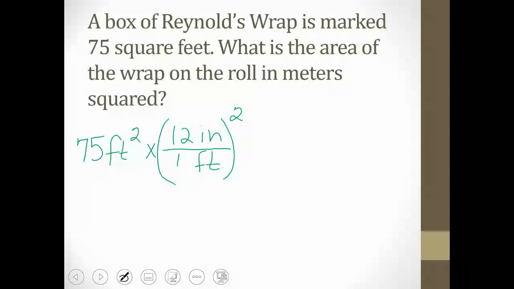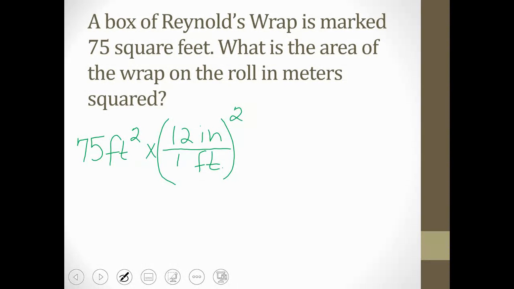So now that means not only are you squaring the unit, but you're also squaring the number. So if we convert 75 feet squared into inches squared, I'm going to have to multiply by 12 twice. Or I'm going to have to take 12 squared is 144, and I'm going to have to take 75 times 144.